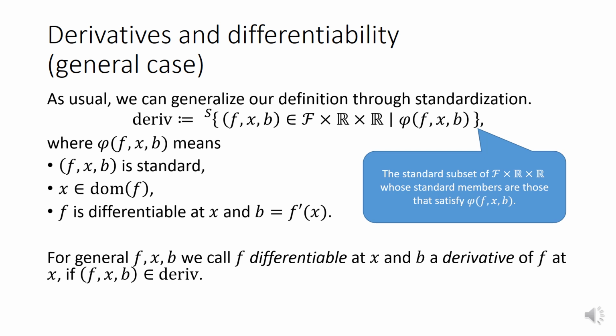For general f, x, b, we call f differentiable at x and b a derivative of f at x if the triple f, x, b is a member of deriv.